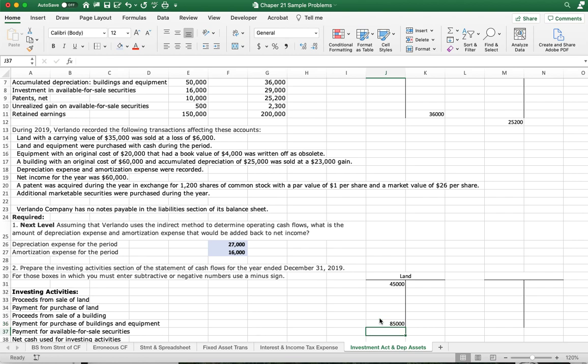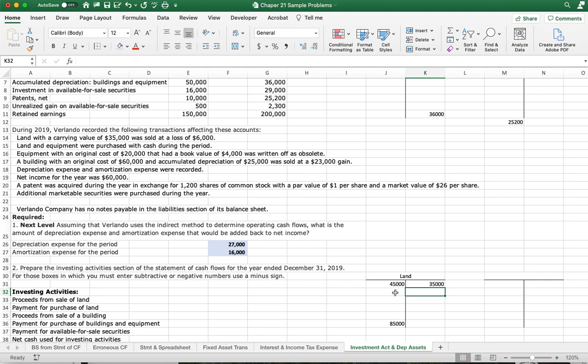And then we also know that land with a carrying value of 35,000 was sold at a loss of 6,000. So we know land left for 35,000. And then land and equipment were both purchased with cash during the period. So nothing else pertains to land.